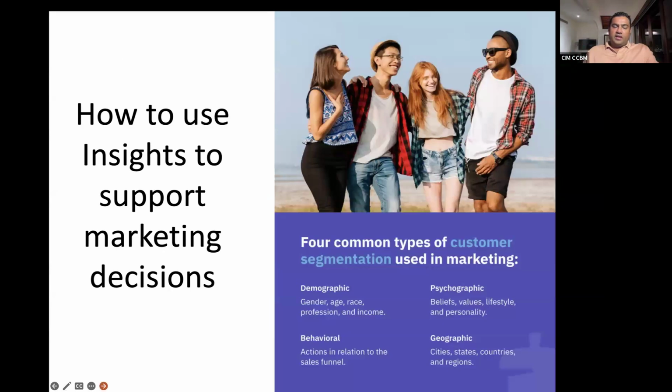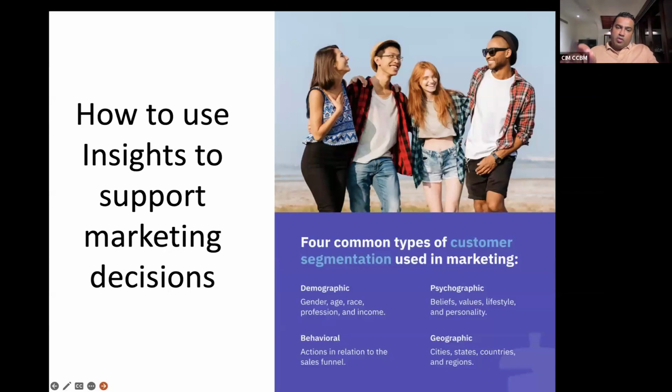Okay. So information and data can also be gathered about your customers. So when we talk about customers, we talk about market segmentation or customer segmentation, which is the next chapter. We're going to do that, right? Market segmentation. So there are 4 ways to categorize or segment customers.